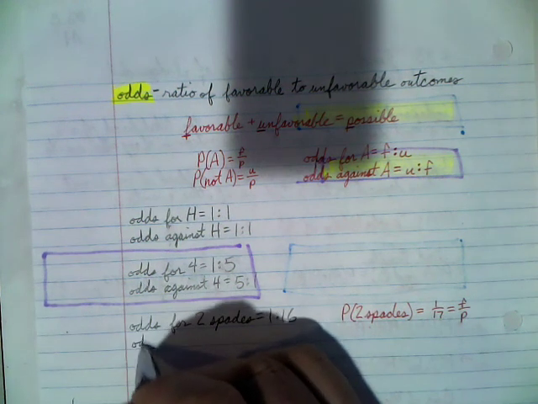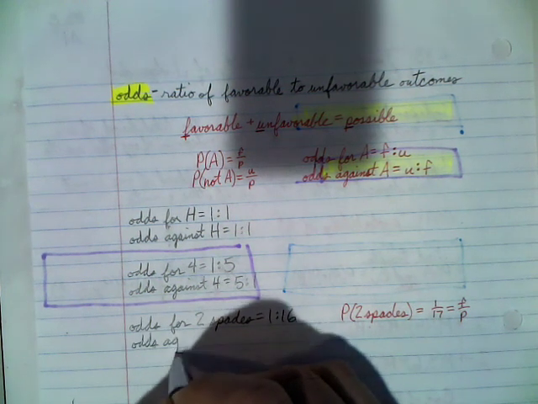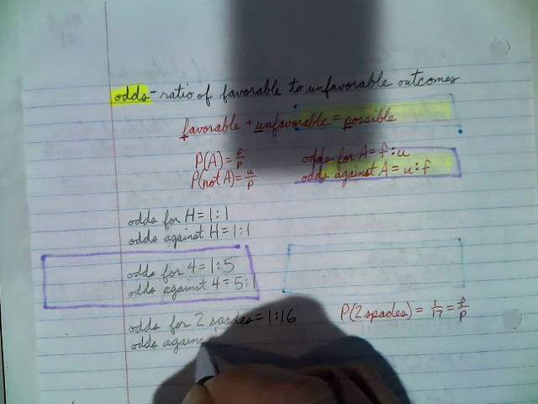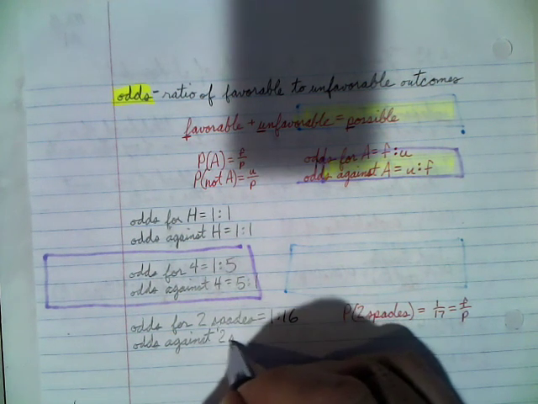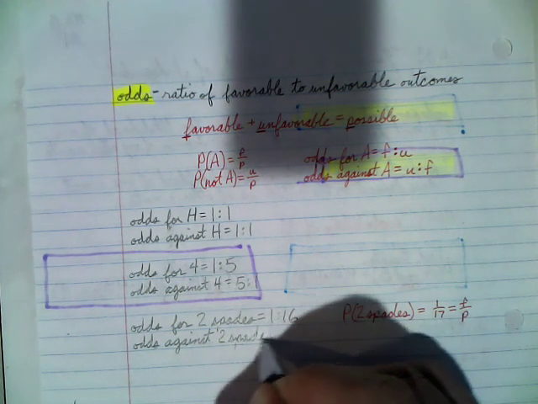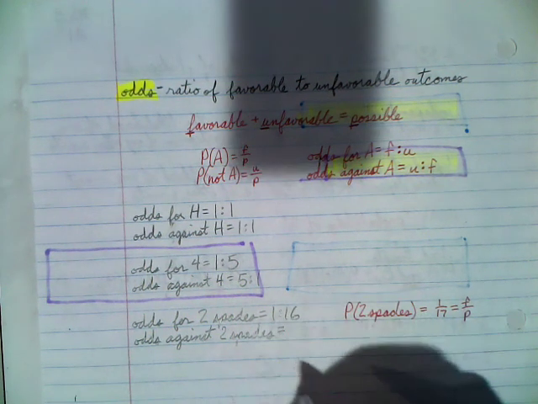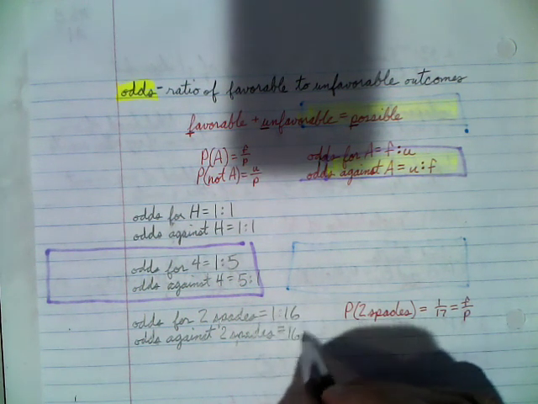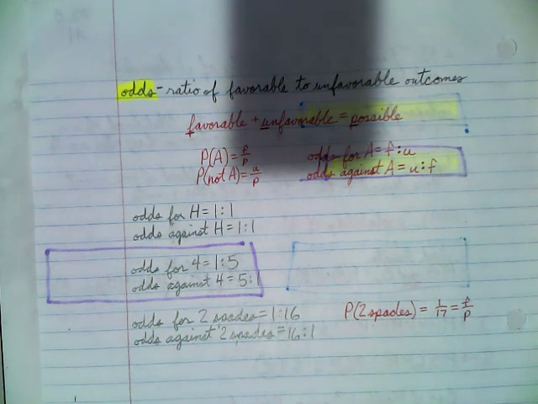Once we have that, it should be pretty easy to find the odds against 2 spades. Just start with the unfavorable, end with the favorable. So 16 to 1 against them being spades.